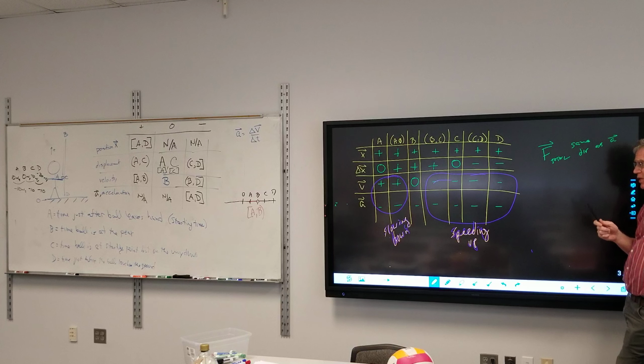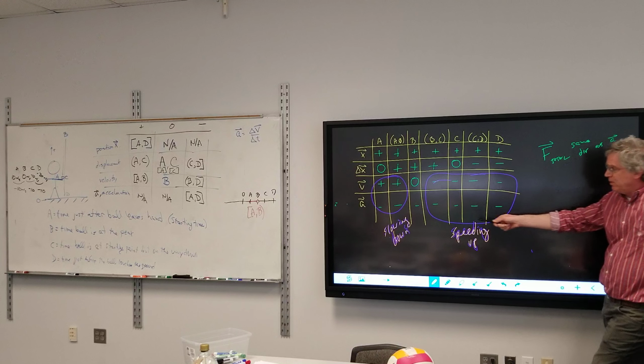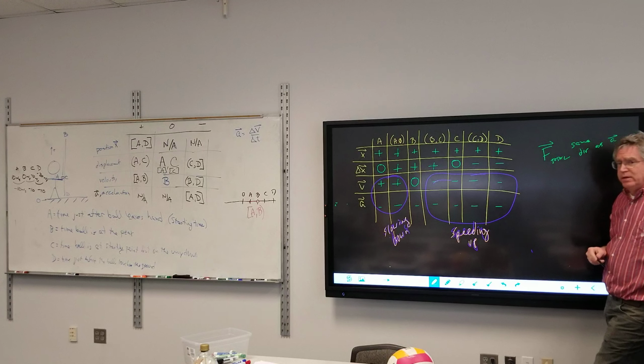If vector acceleration is negative, that does not tell me whether something is speeding up or slowing down. I need to know the velocity in order to know if negative acceleration means speeding up or slowing down. Here it's speeding up, there it's slowing down.